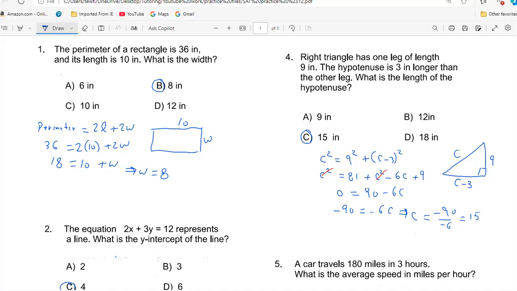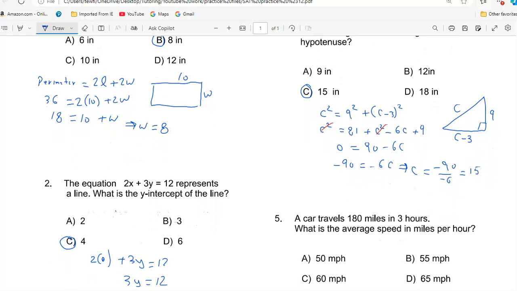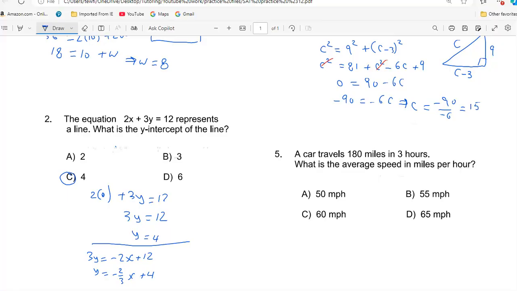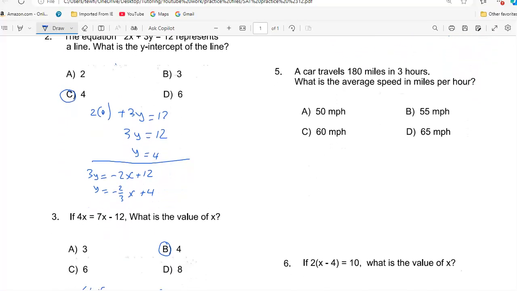For the next one, number 5. A car travels 180 miles in 3 hours. What is the average speed in miles per hour? Okay.